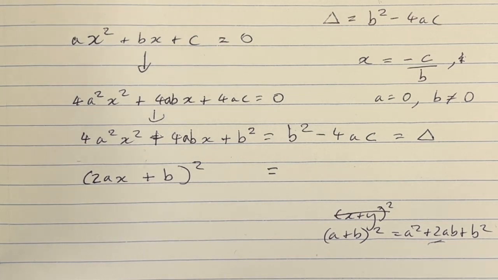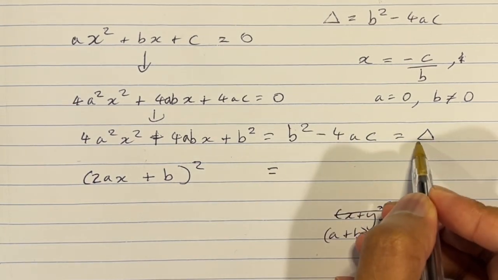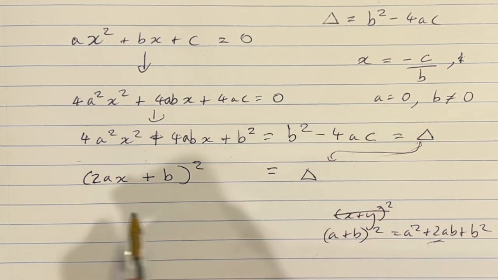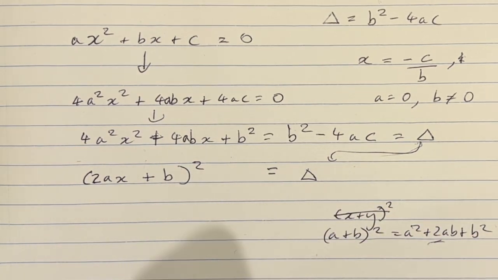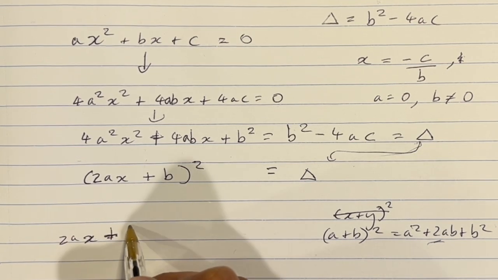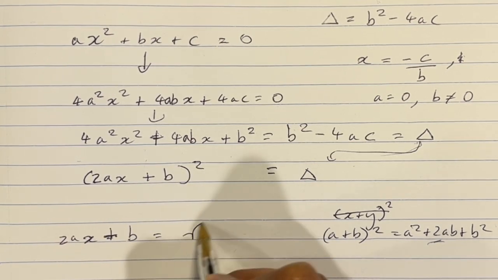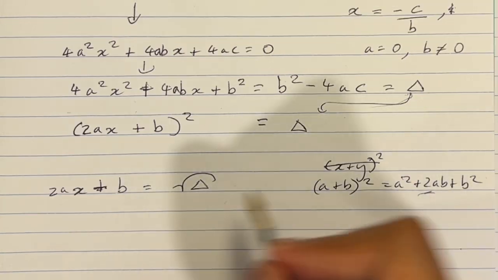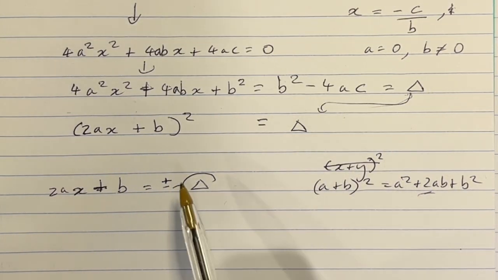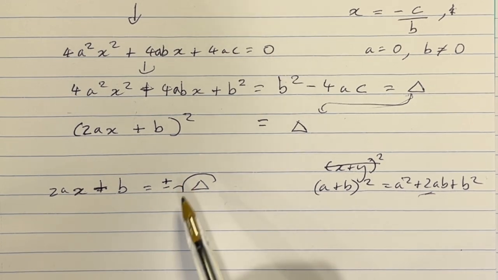And now we're almost done. From here we're carrying this down. We can just square root both sides, right? So we get 2ax plus b equals the square root of the discriminant as well. Okay, recall that's always plus or minus, so we could have positive or negative square roots.